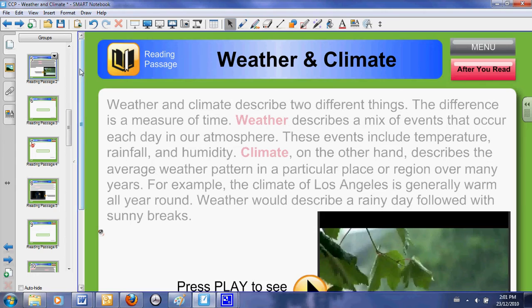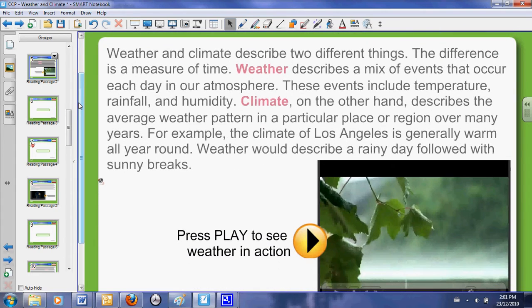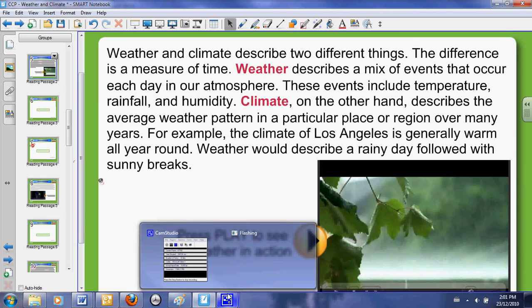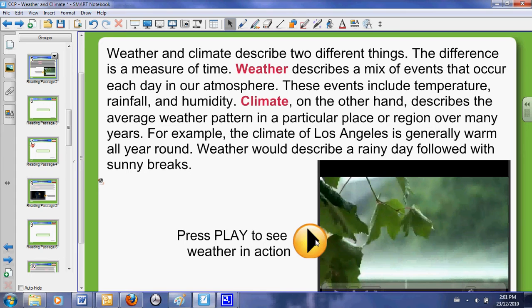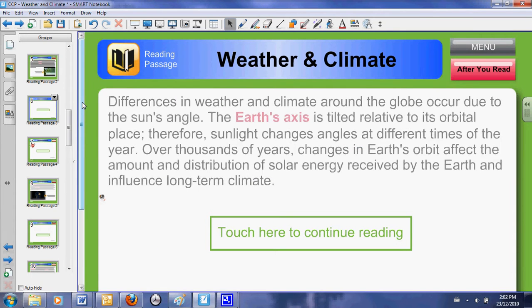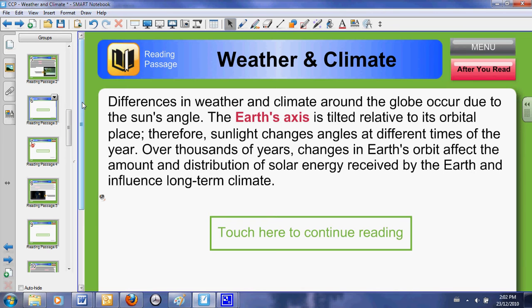The next slide is going to give us some information about weather and climate. I'm not going to read this, but I will leave it up here for your reading pleasure. Same thing with this slide. There is information here that you do need to read.